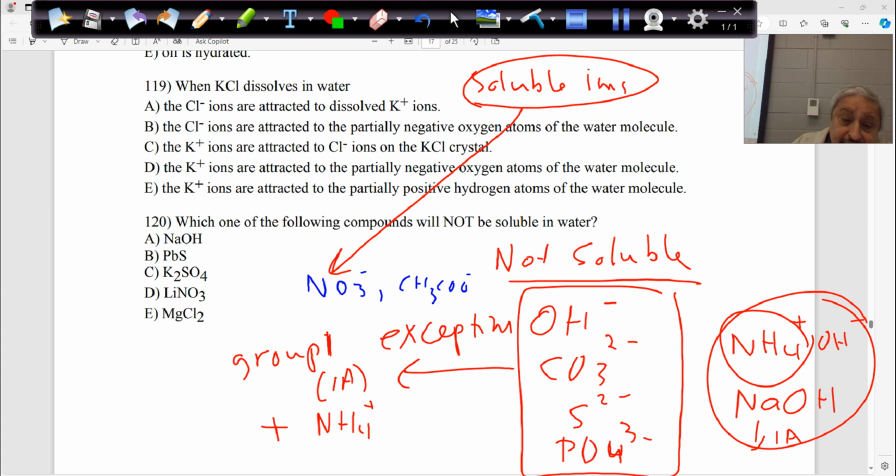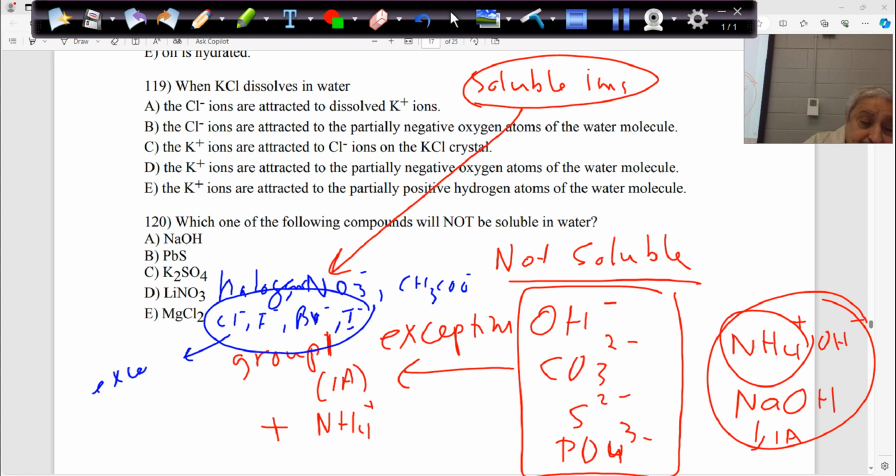Then you have the exception now here, halogens. Halogens are the chloride, fluoride, bromide, iodide. Those are always soluble, except they have an exception when they are connected to lead or mercury or silver or mercury 1.